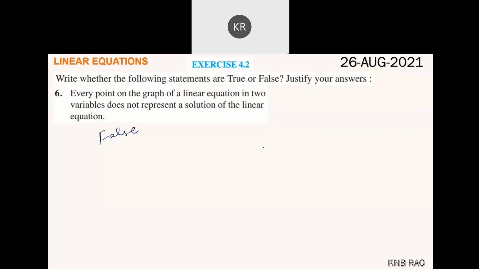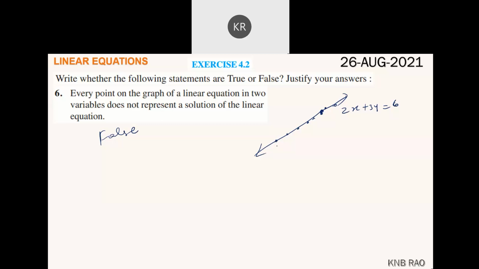You have drawn a graph of a linear equation in two variables. You said that this is 2x plus 3y equals to, let's say, 6. If any point lies on this line, what do you call that?